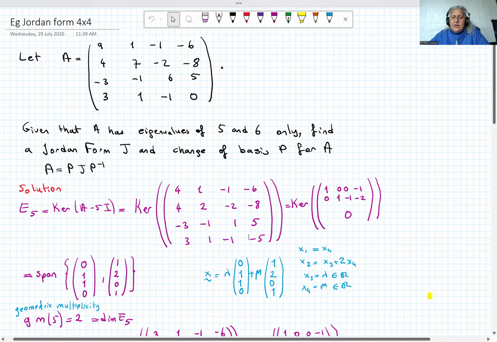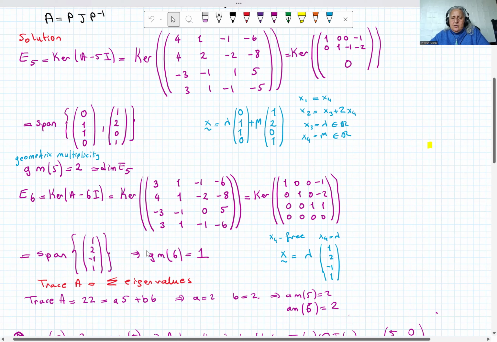By taking away 6 on the diagonal entries, we will have this matrix. Reduce this matrix, we find this matrix, and the last row shows that we have 1 free variable, and all the others are determined with respect to that. It means that the dimension is 1, and it is easy to figure out that the basis of this vector space is (1, 2, minus 1, 1). And the geometric multiplicity will be 1.